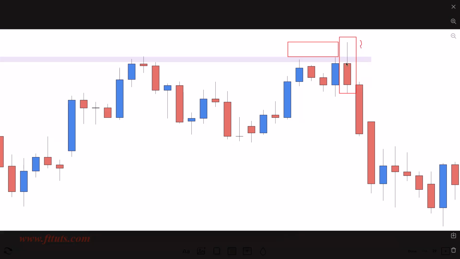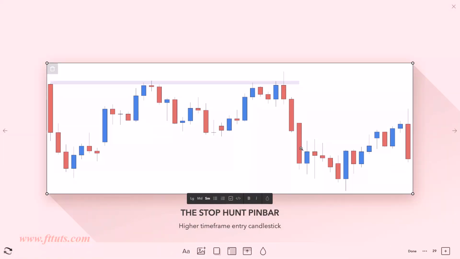And who is shorting from here beyond an obvious level of resistance or supply? And then we get move up, move down. Your entry is right here, stop just above the high, and then we can basically go on our merry way.